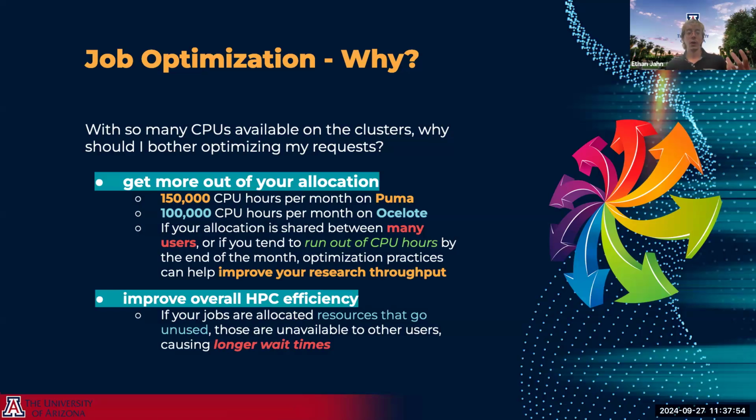In general, if there are jobs on the HPC that have been assigned CPUs and memory that aren't being used, that generally leads to longer wait times on the system. So we can help each other out by improving our job efficiency and only using the resources that we really need, in order to decrease the overall wait time and improve the overall efficiency of the system.